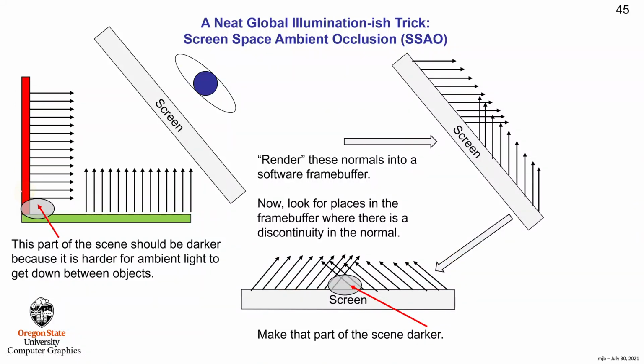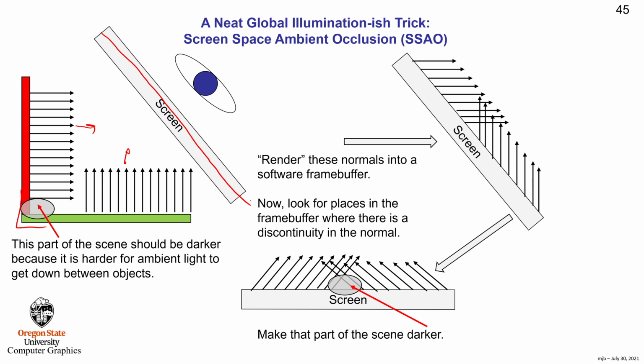So here's our corner in question. There are surface normals pointing this way and that way. And here's our screen, and we're looking at it like this. The Z buffer is going to do the correct thing and show those two surfaces.